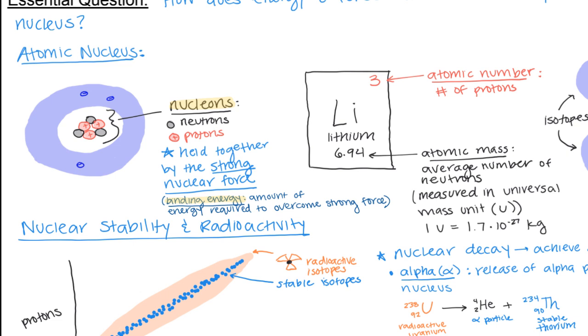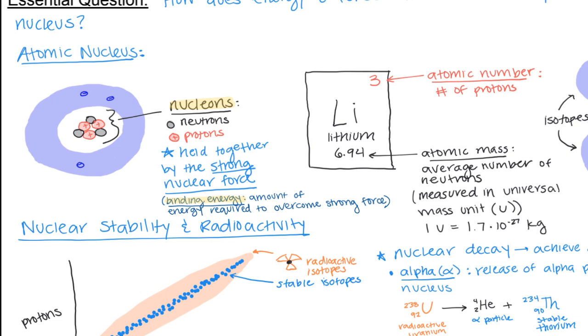To your left, I've drawn an example of a lithium atom. You can count it up. It has 3 protons, 3 neutrons, and 3 electrons. The atomic number indicates the number of protons in the atom, and it also determines the identity of the atom. Lithium is the only atom with 3 protons.